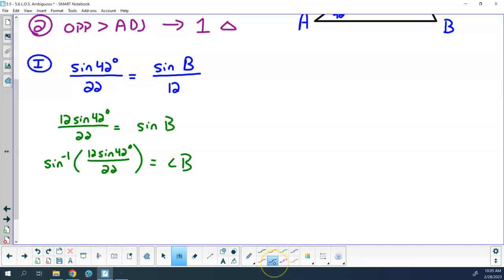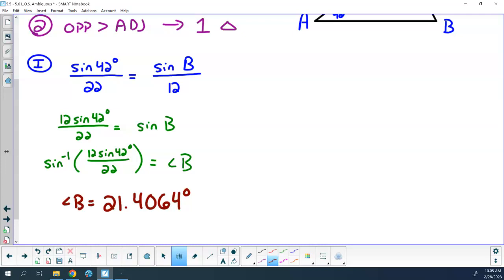You should get that angle B here is approximately 21.4064 degrees. My TI Inspire calculator rounds to 6 significant figures.